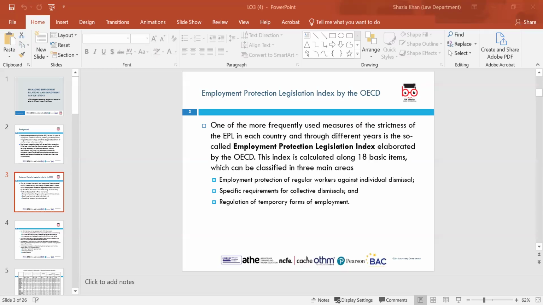The whole point of this employment protection legislation index is to show the costs to employers and the protection offered to employees by the employment protection legislation.